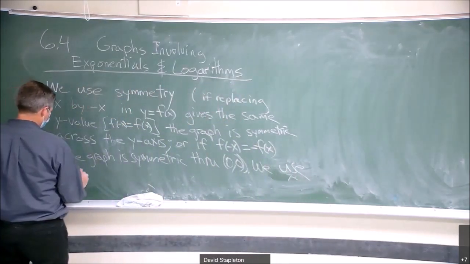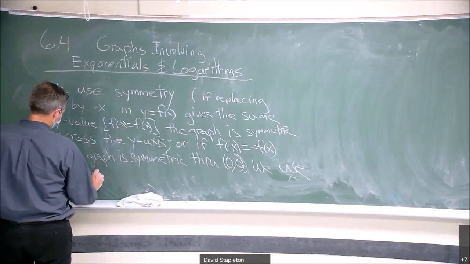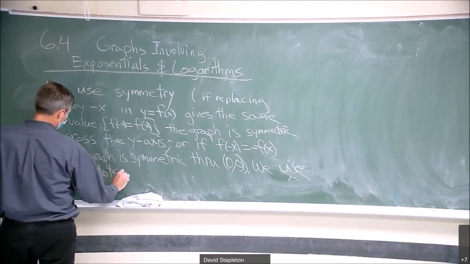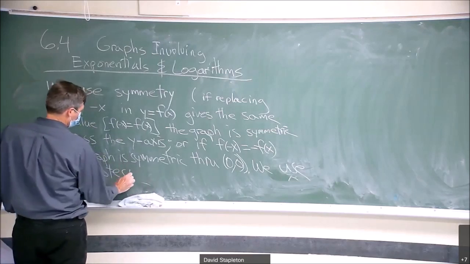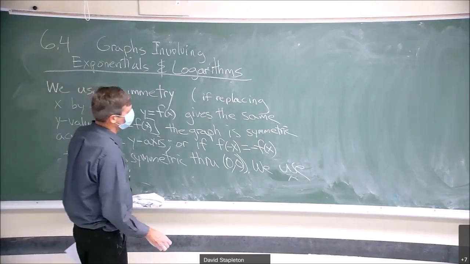We also use asymptotes. Just to remind you, and then again, this is from Calculus 1. But we can get horizontal and vertical asymptotes.